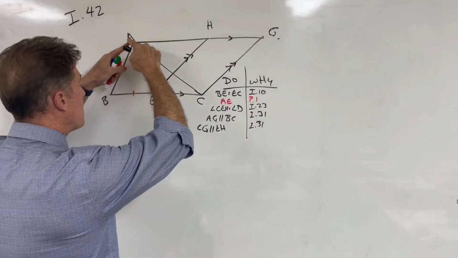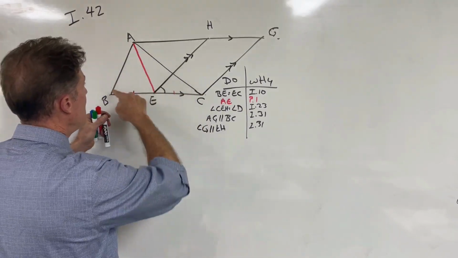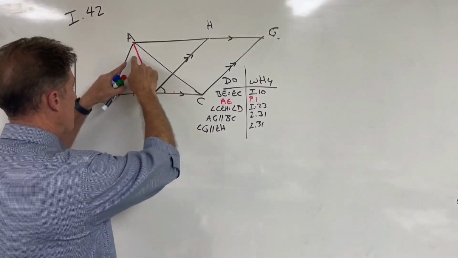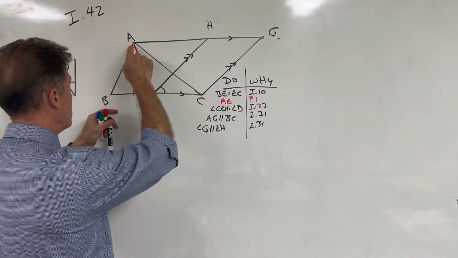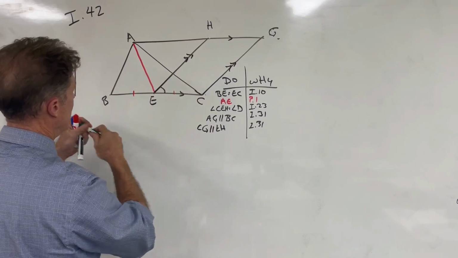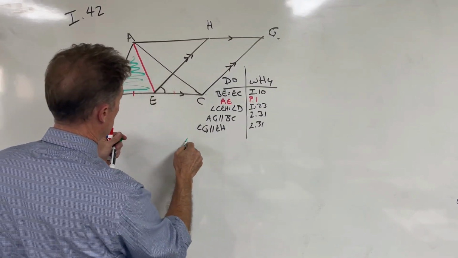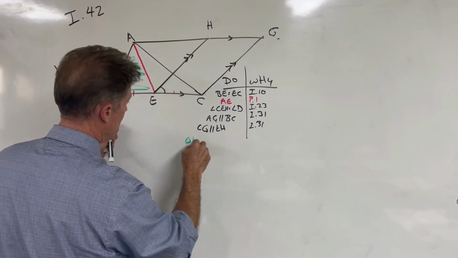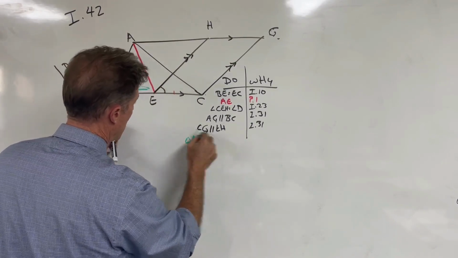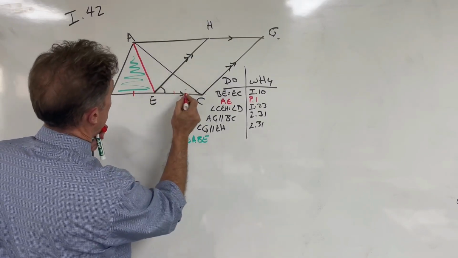Now let's take a closer look here at triangle ABC. Triangle ABC is composed of two other triangles here. We'll do this triangle here in, say, green. So it's composed of this triangle in green, triangle ABE, plus it's composed of this triangle here in red.